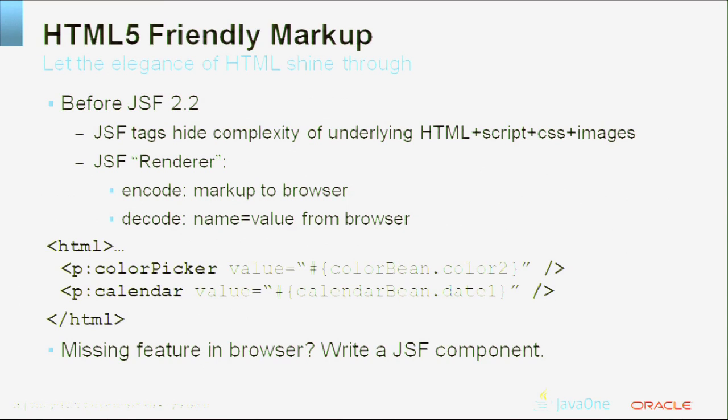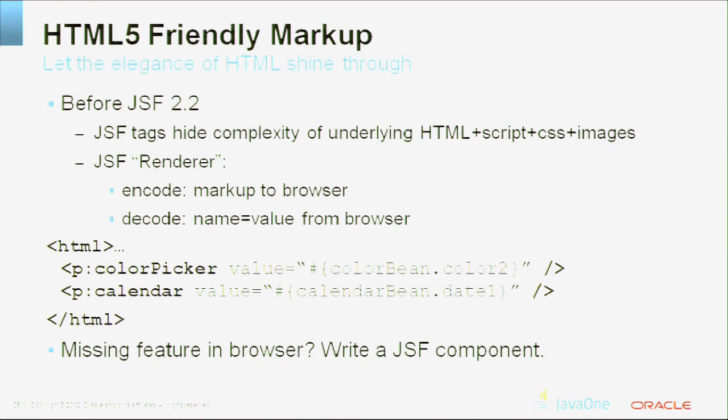So before JSF 2.2, the tags were hiding the complexity of the underlying HTML, script, CSS and images. They did this through the concept of a renderer. The renderer had two jobs: encode the markup to the browser and decode whatever is sent back from the browser.